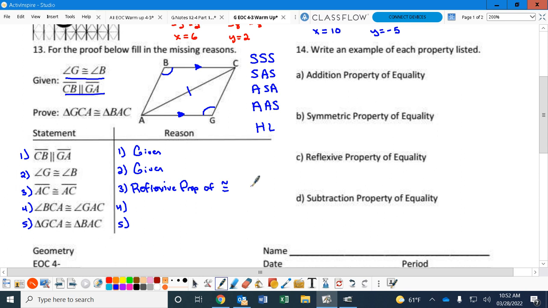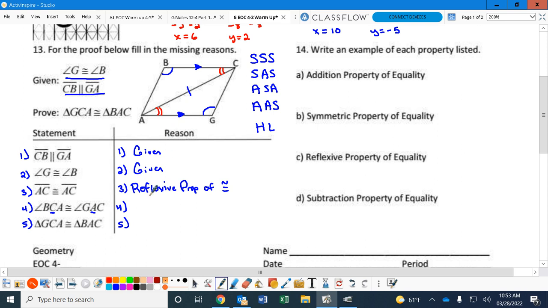Okay. Now, the next one, you have to pay attention to the order the letters are given. Remember, the middle letter is the vertex. So I'm going to be marking angle BCA. BCA, that is this angle right here, is going to be congruent to angle GAC, which is this angle right here.